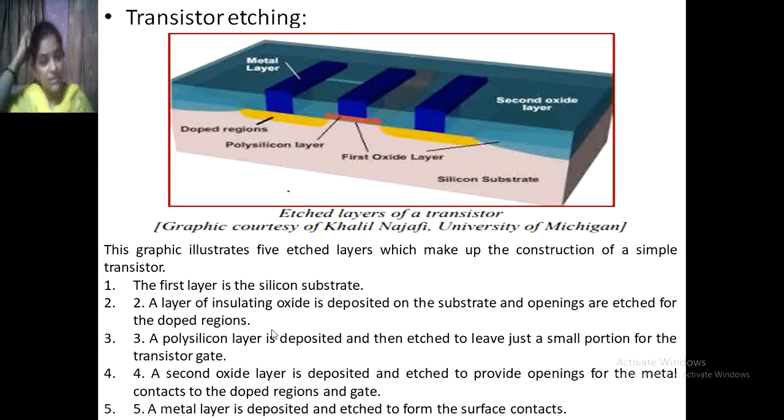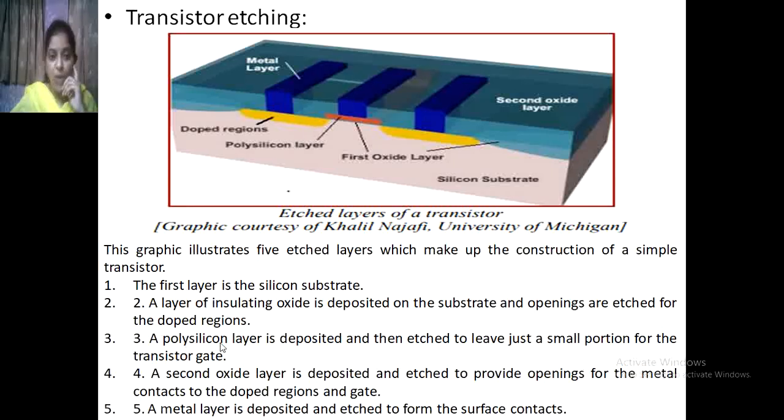See here, a layer of insulating oxide is deposited, forming another layer on the substrate, and the openings are etched for the doped region.